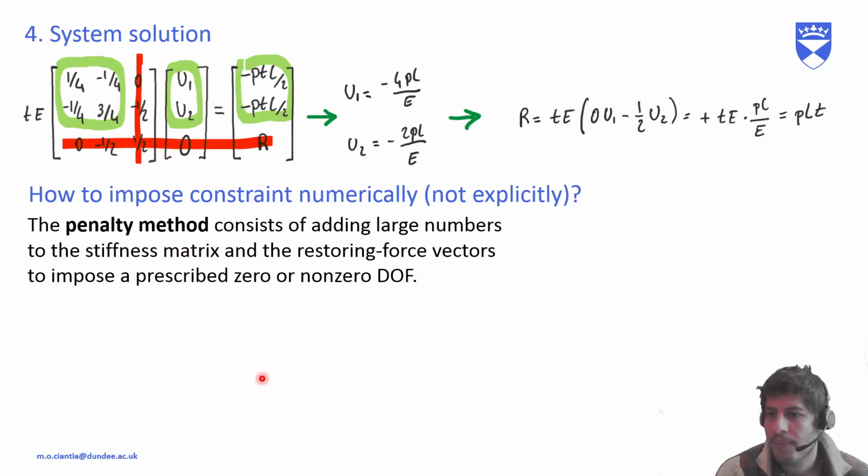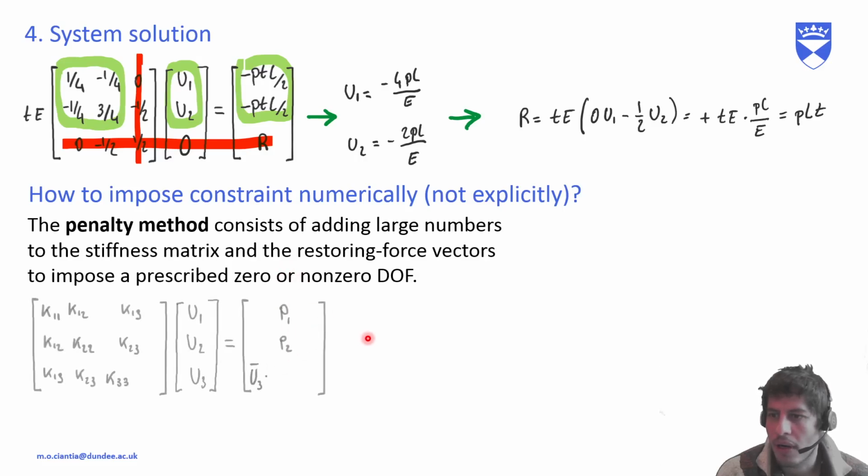So basically, how does this work? Well, if we had our stiffness matrix as this one here, but we knew that U3 is where our boundary condition is imposed and is actually a fixed boundary, so U3 is 0. You add this penalty to the stiffness matrix, so a very, very, very big number with respect to the ones making up the matrix.